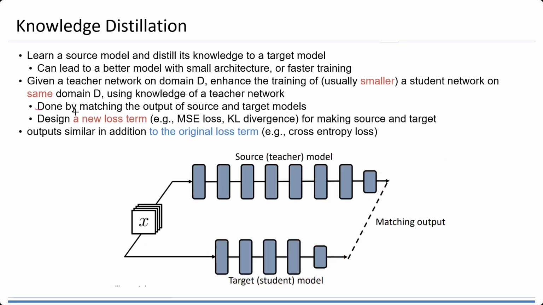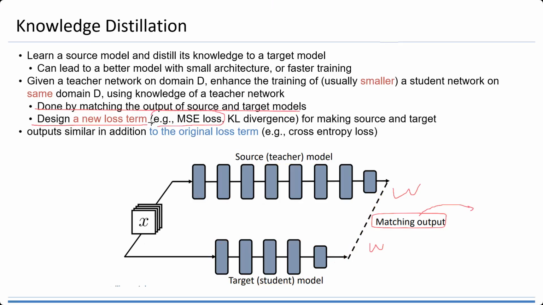It is done by matching the output of the source and the target model. So we have the weight here and the weight here, and then we are matching the output. Once the output is matched, then we will use it for the future task. We can design a new loss term.